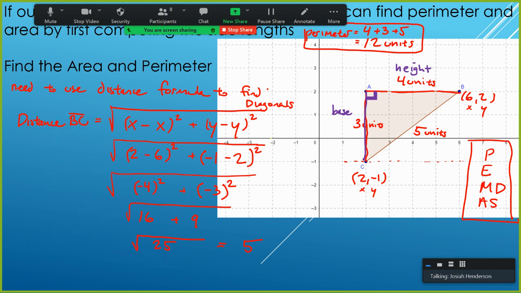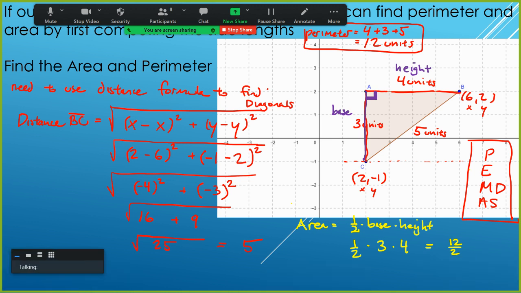So area is 1/2 times base times height. Three times 4 divided by 2 is six units squared.